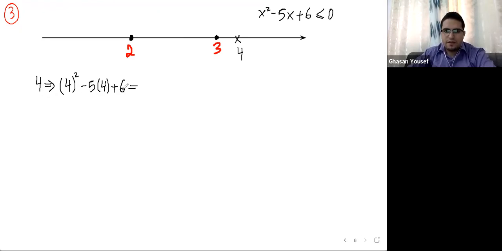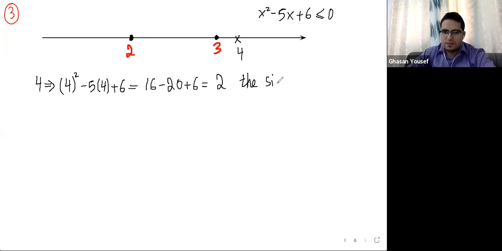So 4 squared minus 5 times 4 plus 6. 4 squared is 16 minus 20 plus 6. The answer is minus 4 plus 2, which is positive 2. What is the sign of this number 2?